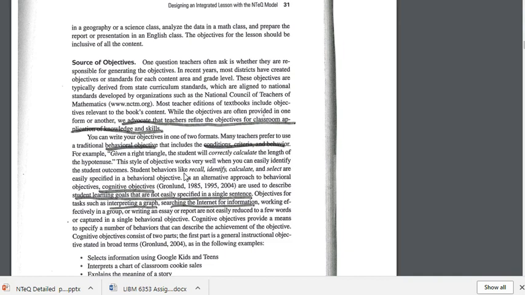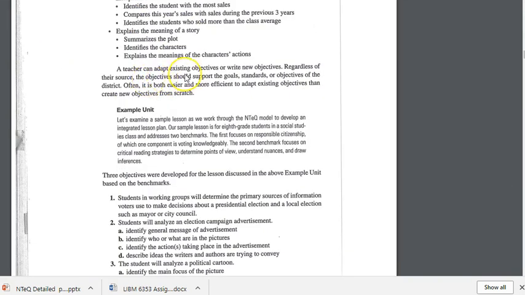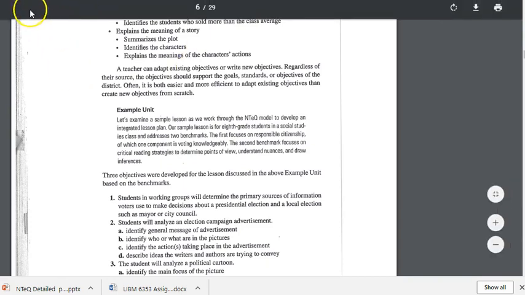They're easily specified as your behavioral objectives. Just make sure if you adapt existing objectives or you create your own, that's fine. Regardless of the source, make sure that the objectives support the goals, standards, or objectives of your district. So make sure that you are following whatever standards are used within your district.